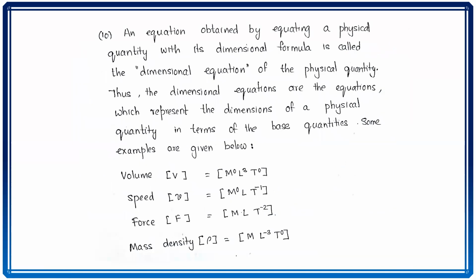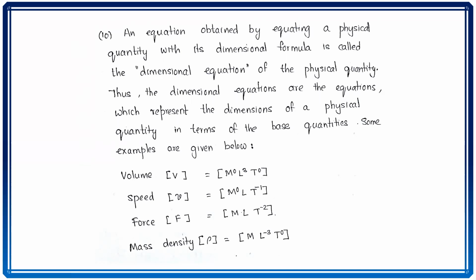An equation which equates the physical quantity with its dimensional formula is called the dimensional equation. If you take any physical quantity, write it on the left hand side, and on the right side, the RHS, write the dimensional formula and combine them with the equal to symbol, then it is called a dimensional equation.